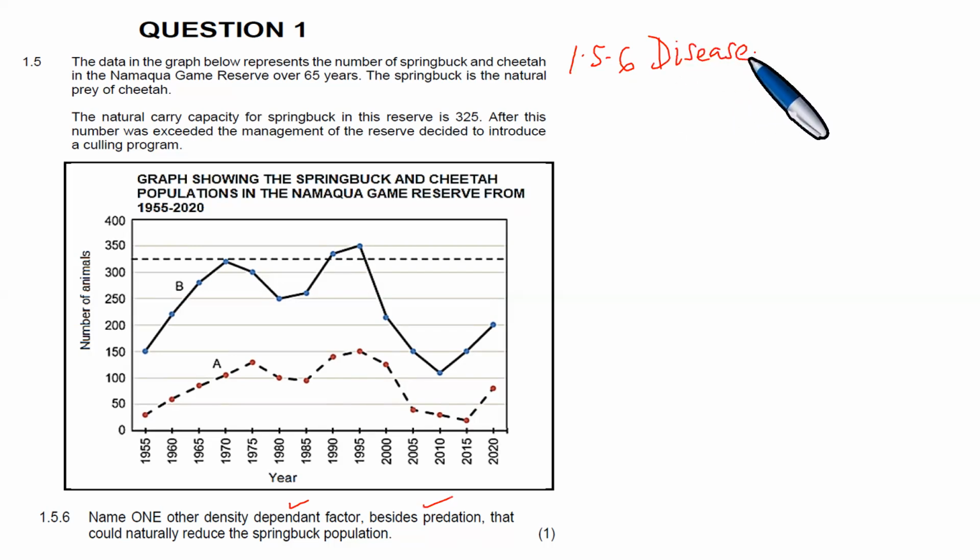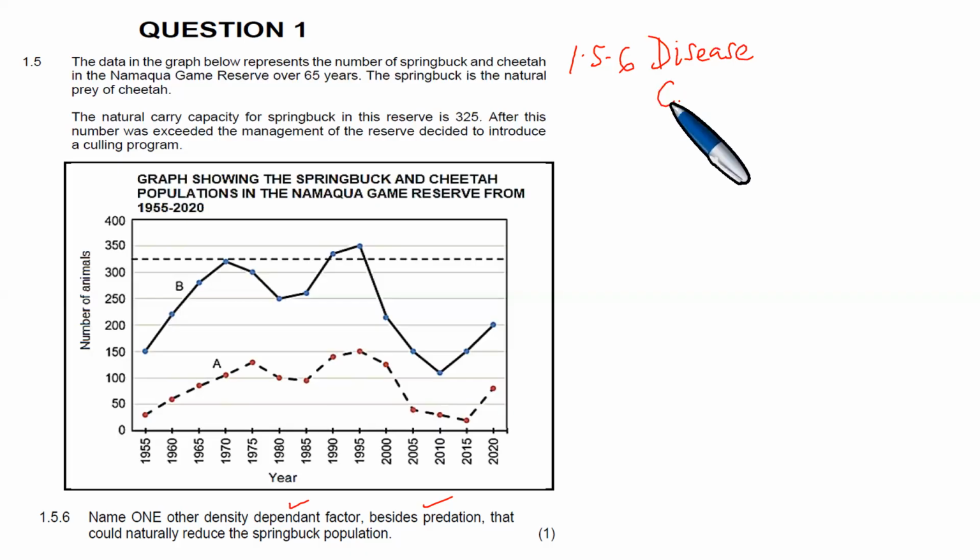Because if the animals get sick, they die. Like COVID would kill people, for instance, a disease can make animals die. Or what else can make the animals die?